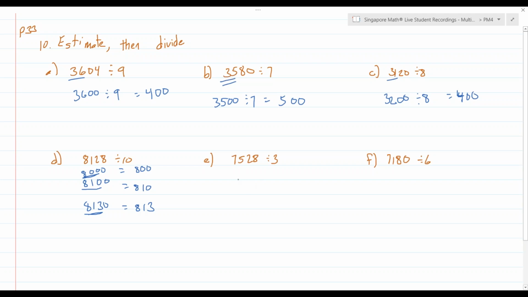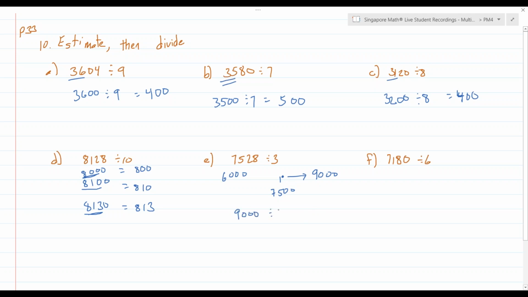7,528, not quite as easy to make a lot of guesses on. If I look at that one and think, okay, this is between 6,000 and 9,000, and halfway between there is actually 7,500. 7,528 is just a little bit closer to 9,000.